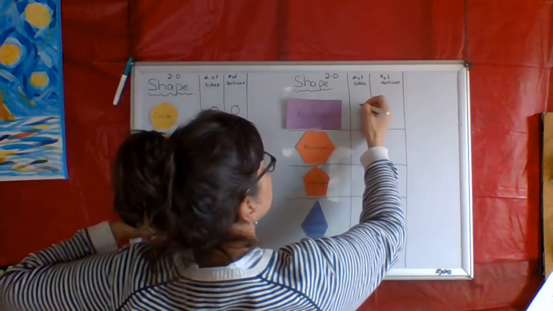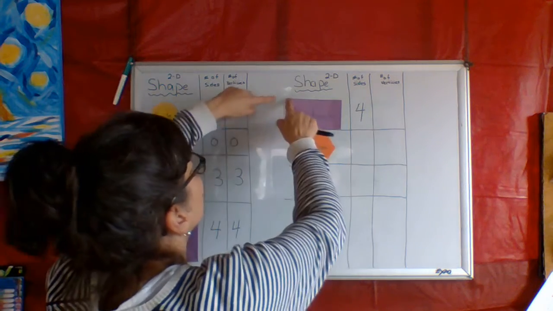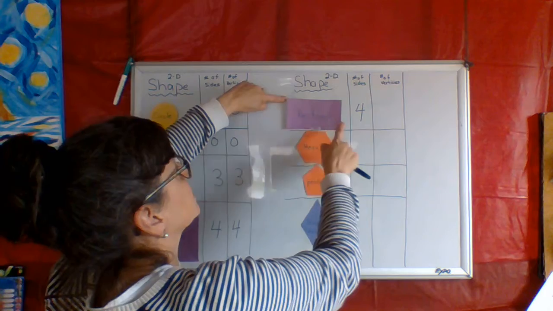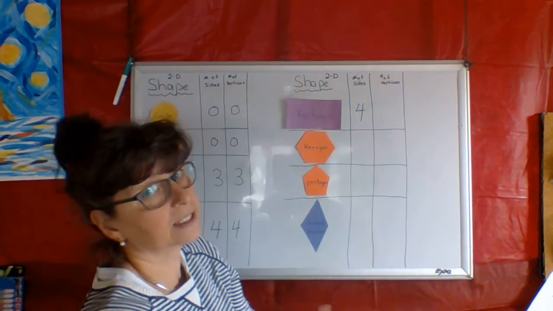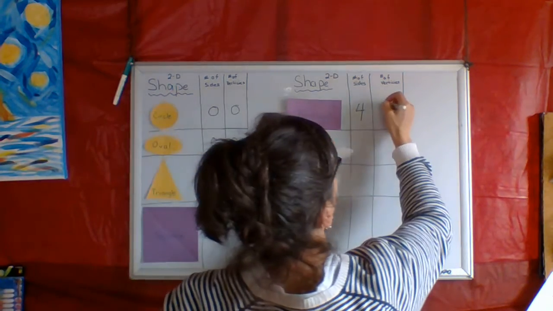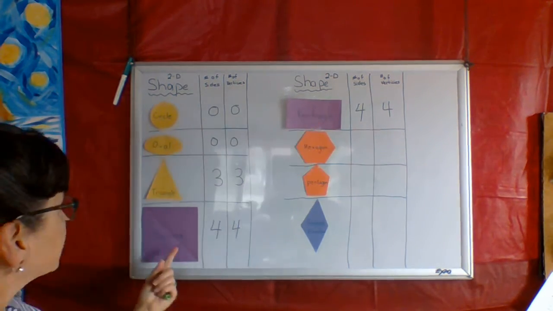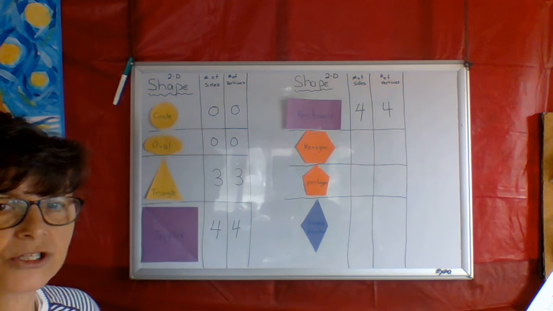So that's 4 sides. And let's count how many vertices. We're starting up at the top corner. 1 vertice, 2 vertices, 3 vertices, 4 vertices. And I don't go back here because my finger already is telling me I counted that. So 4 and 4. So our rectangle and square both have 4 vertices each.